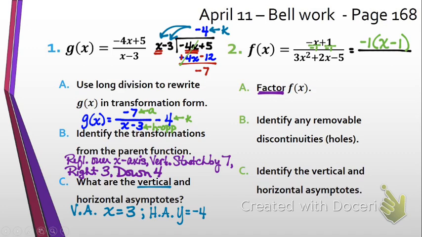If you want to check to see if you've pulled your GCF out correctly, distribute, and it should get you right back to where you were. All right, and then I need to factor the denominator. Does the denominator have a GCF? No. So up on the top, we had a GCF of negative 1. Down on the bottom, there is no GCF.